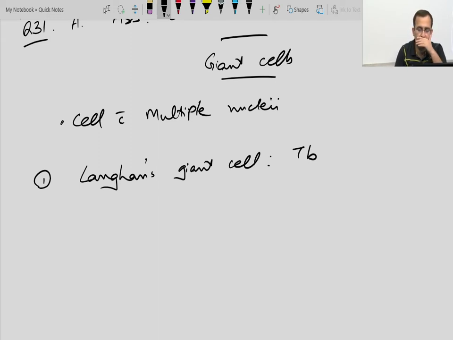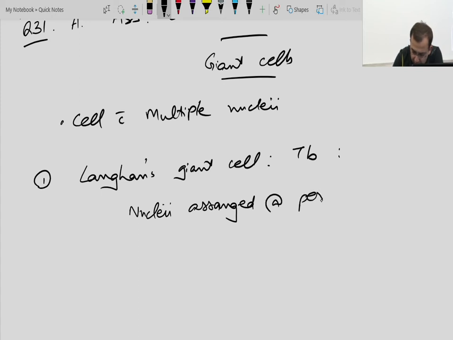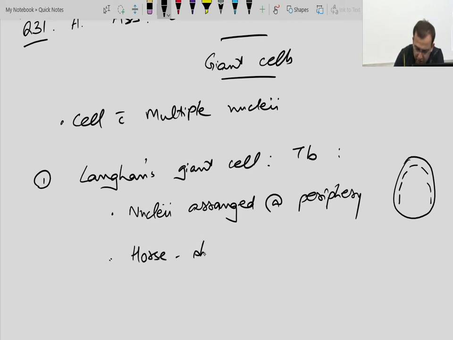What is its special feature? The nuclei are arranged at the periphery of the cell, giving it the classical horseshoe appearance. This is the Langerhans giant cell.